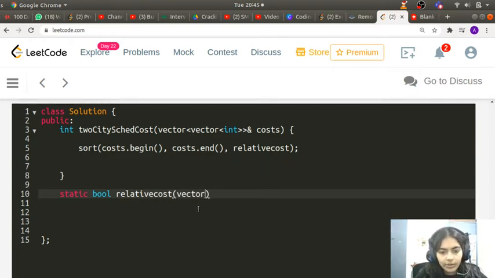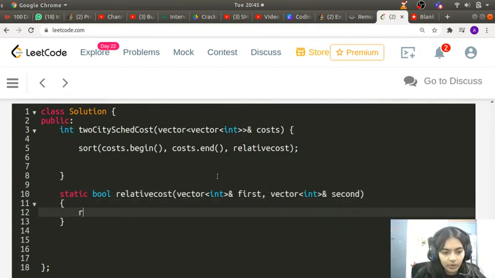So this is going to accept 2 vectors. For example, the first vector is vector int and first, and the second vector is, let me just call it second, vector int and second. So whenever it sees two vectors, it knows that it will have to sort them by relative cost. So it's going to return either true or false.